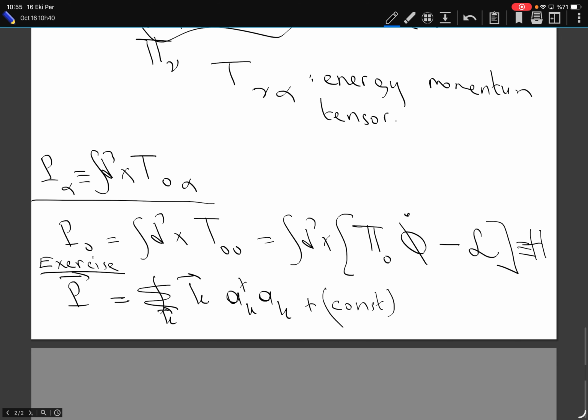Now, you see that ak dagger ak just counts the number of particles you have having the momentum k. If you multiply it with the momentum they have, this gives you the total momentum. So any questions here?